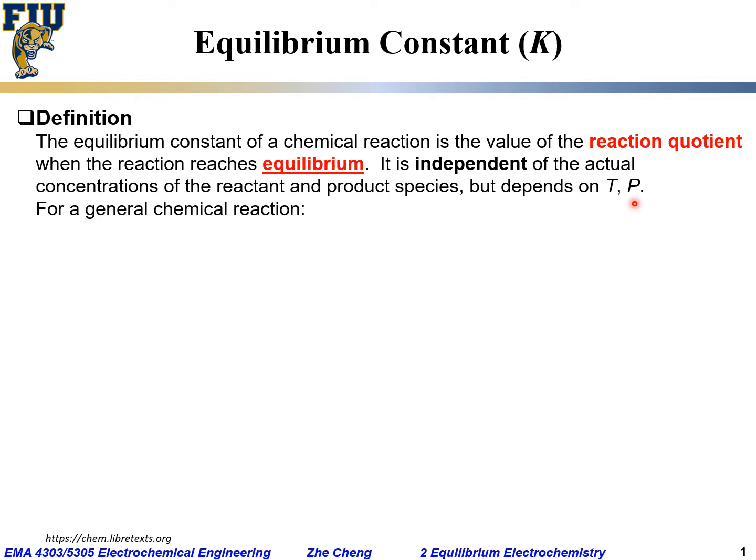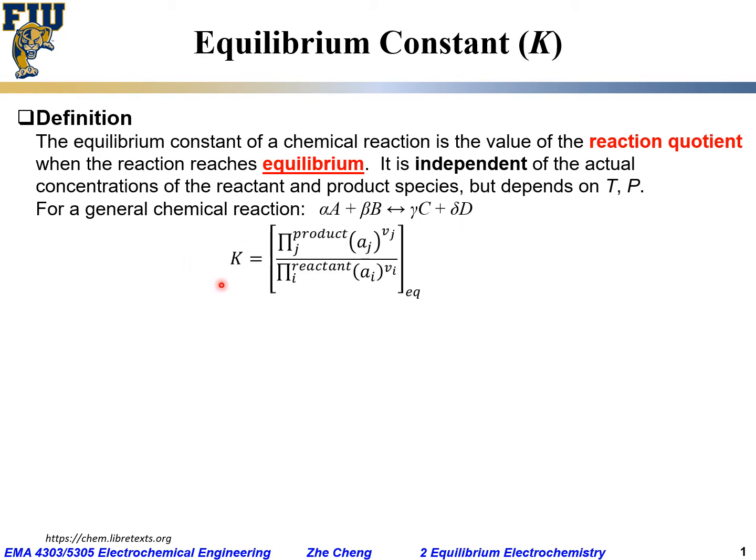For a general chemical reaction, we say alpha A plus beta B to form gamma C and delta D. For this general reaction, the equilibrium constant would be the product of all the different reaction products' activity, each raised to the power of its stoichiometric coefficient, divided by the product of all the reactants' activity, each also raised to the power of its stoichiometric coefficient.